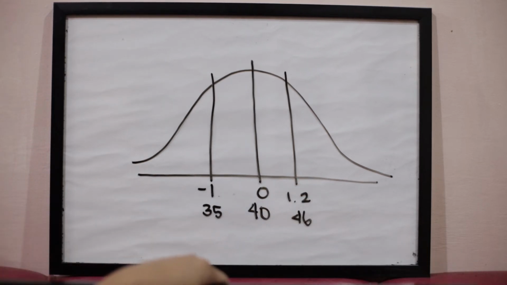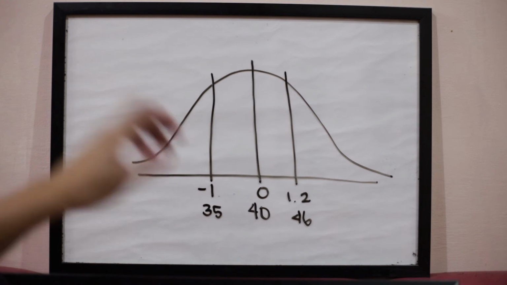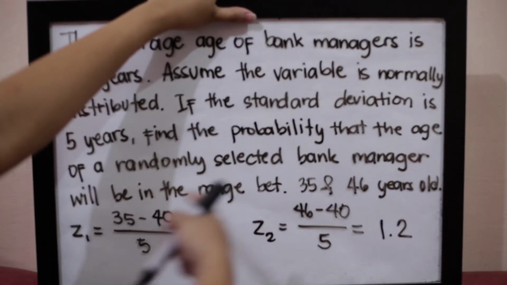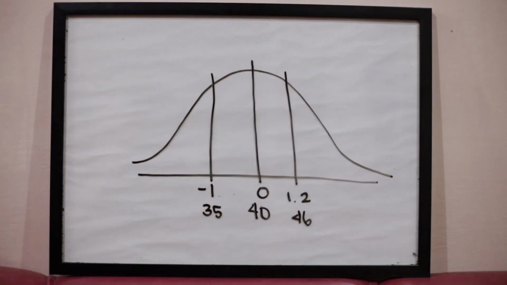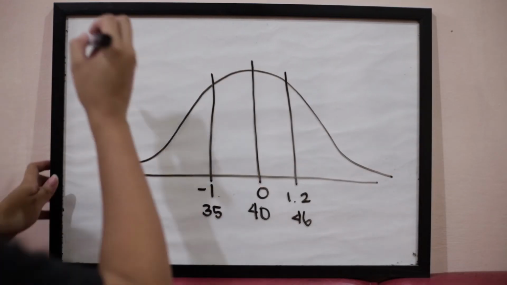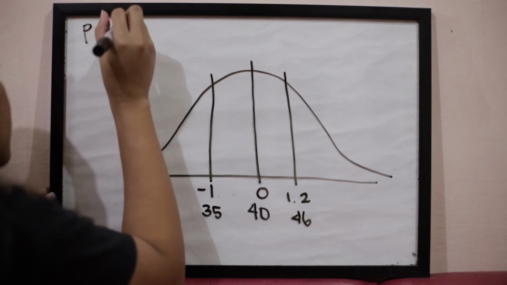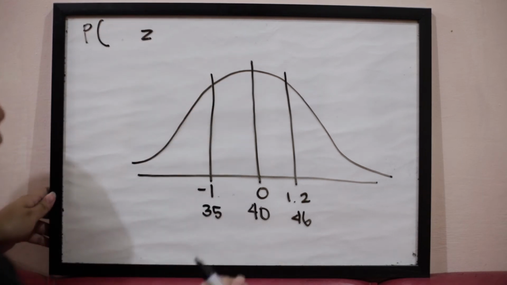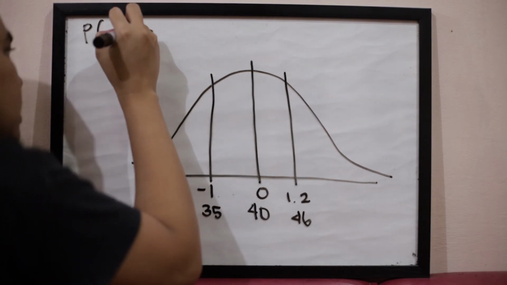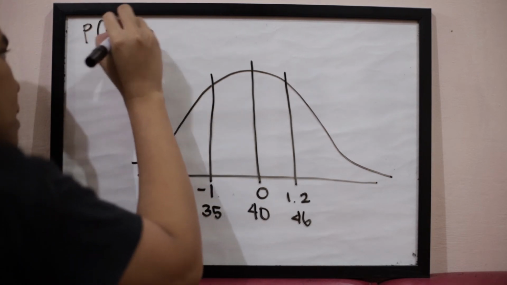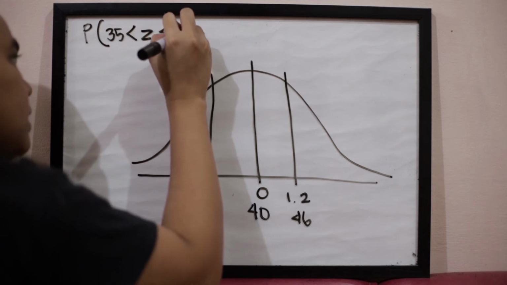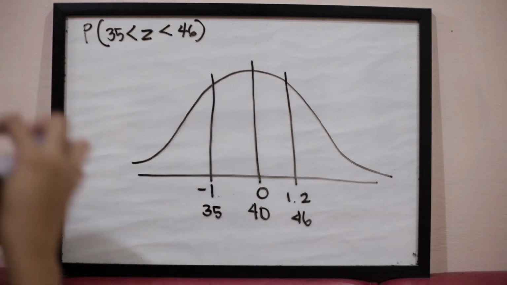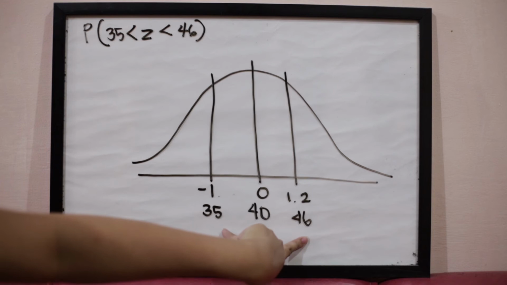So now, after plotting, we will get the shaded region. The shaded region is, as stated, the range between 35 and 46 years old. So, in symbols, that is the probability that z is greater than negative 1 but less than 1.2, because between 35 and 46.